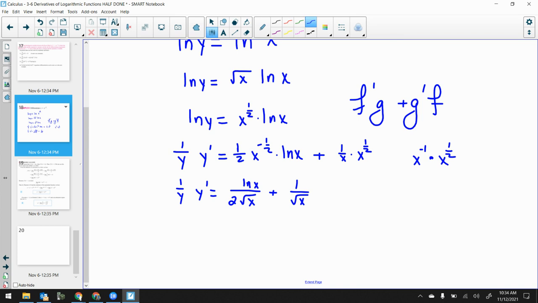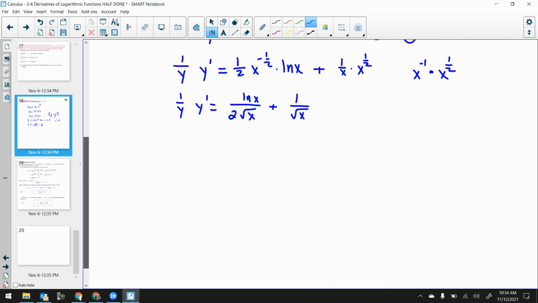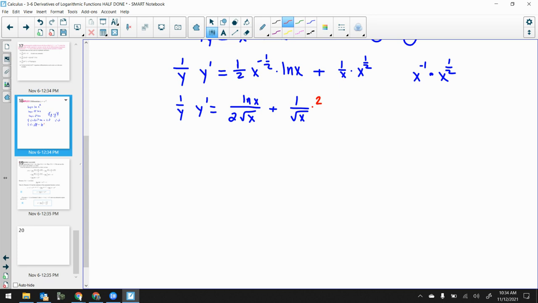Okay, still reducing the right side. Let's multiply top and bottom by 2 over here to get common denominators. So this would be 1 over y prime, ln of x over 2 radical x, plus 2 over 2 radical x. And now I've got common denominators.